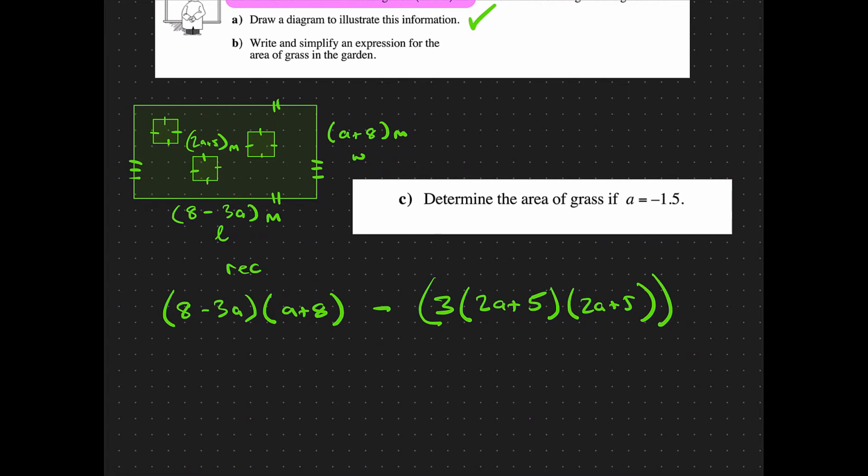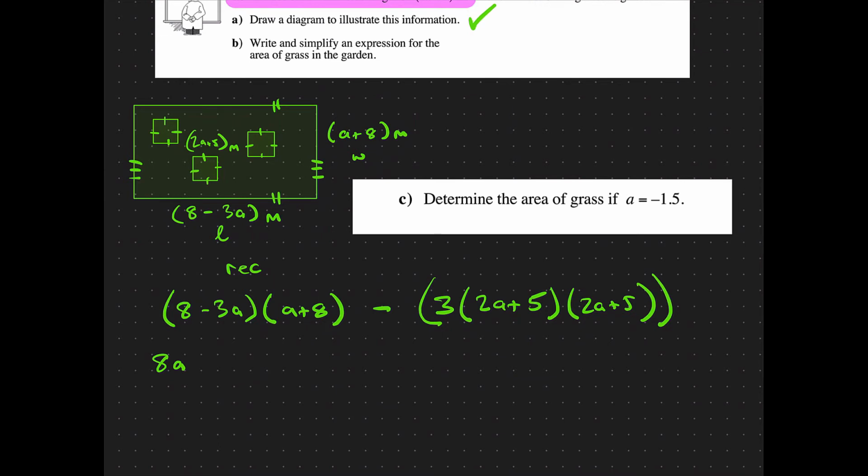We're going to subtract those two. So the first thing I'm going to want to do is expand the left side here, and then deal with that part, and then multiply that by 3, and then subtract one from the other. So let's start on the left side. We'll just use basic FOIL. 8 times a is 8a.